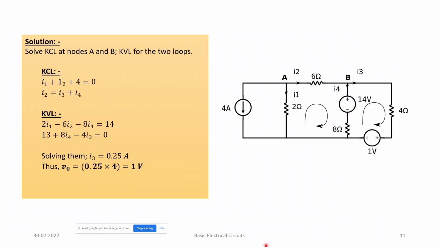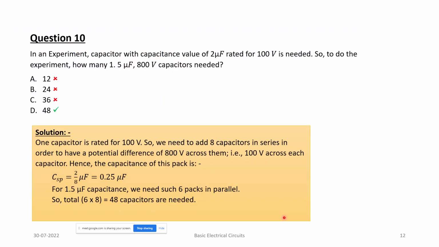Question is incorrect. The question is wrong. It will be 800 volt for 2 microfarad rated. Just a second. I think it's actually changed.